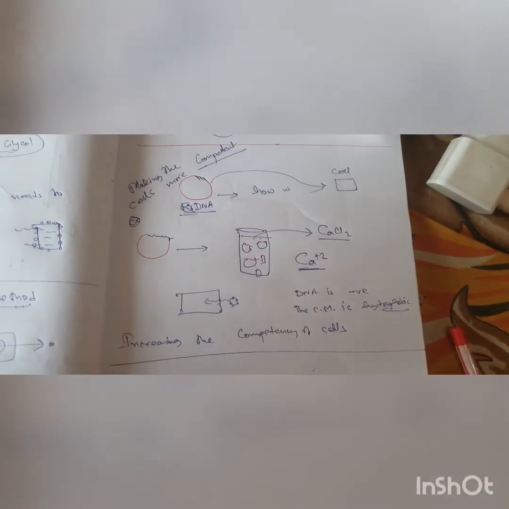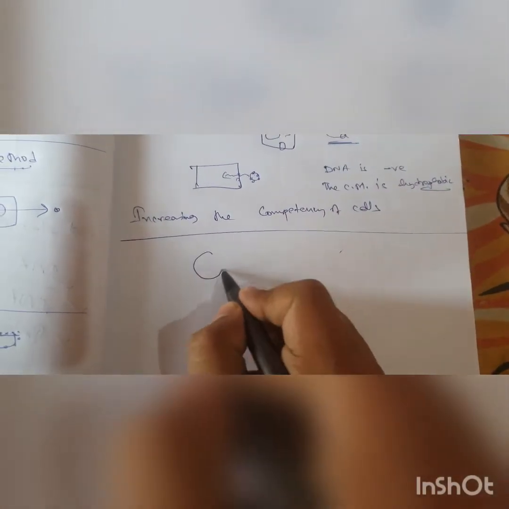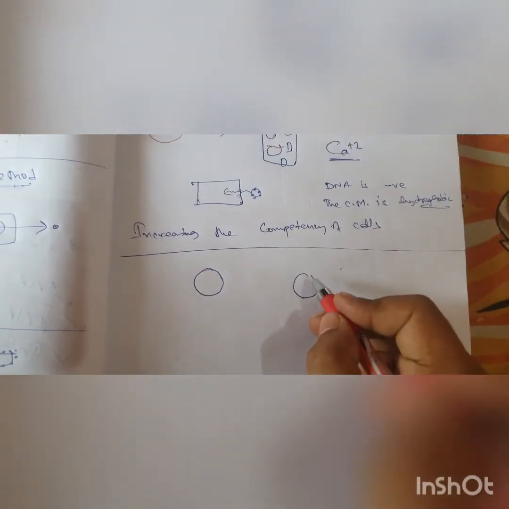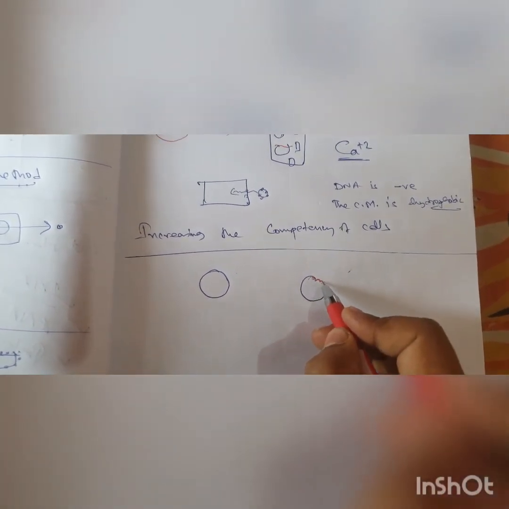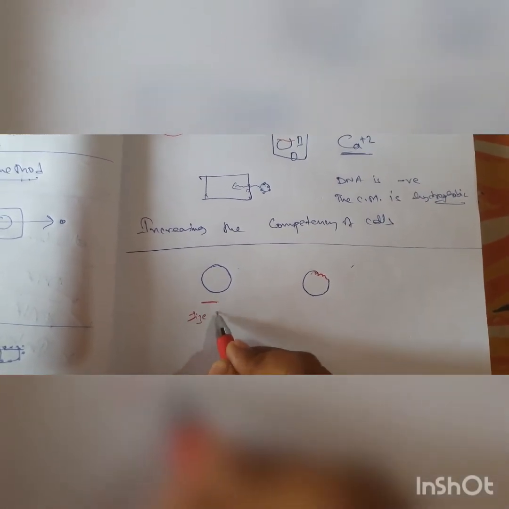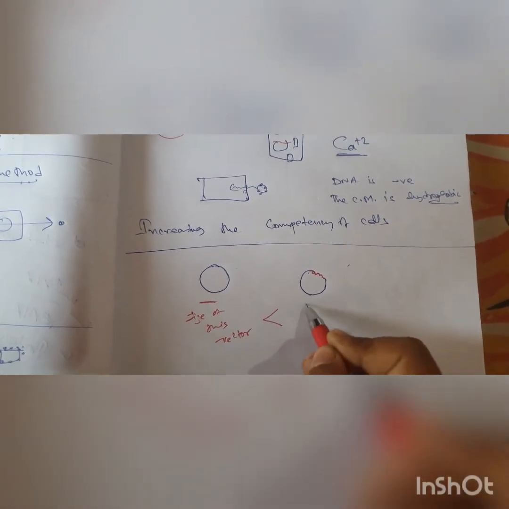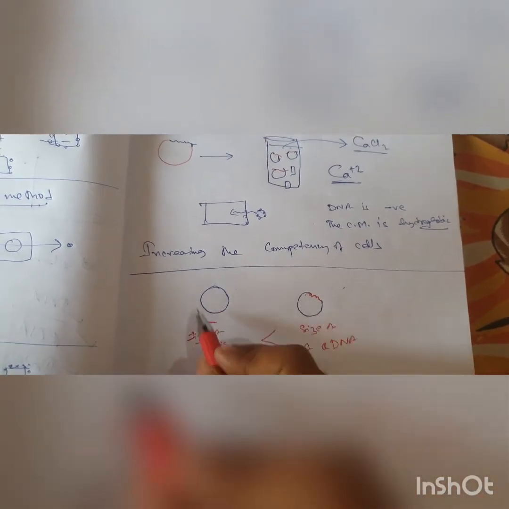When we are transferring the target gene with the help of a vector, suppose there is a vector, okay, and you have created recombinant DNA with the target gene put inside the vector. Obviously, the size of the vector is less than the size of the recombinant DNA, or the vector which is ligated with the target gene, because nothing is lost from the vector.